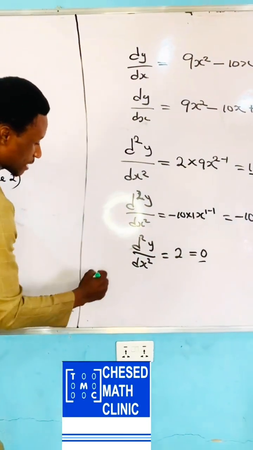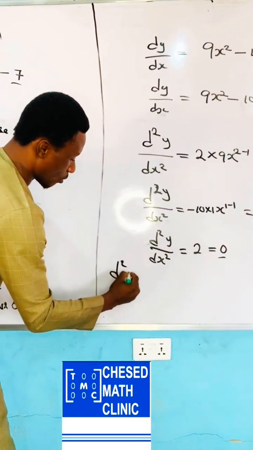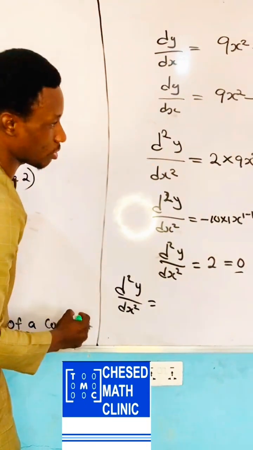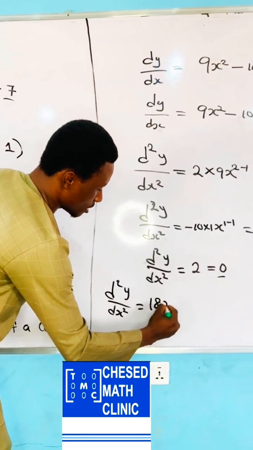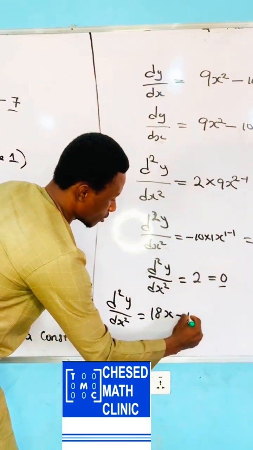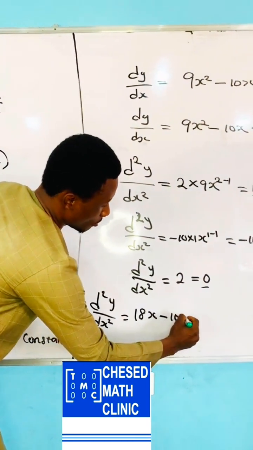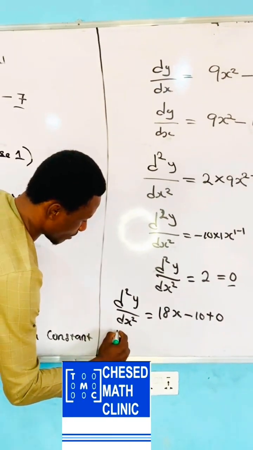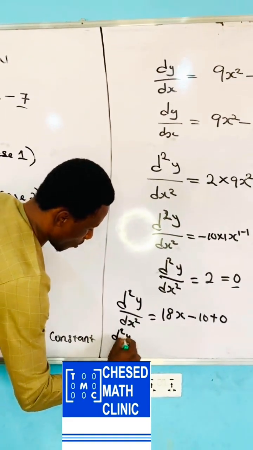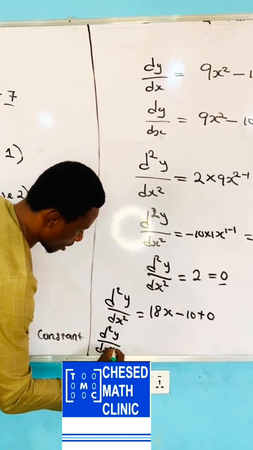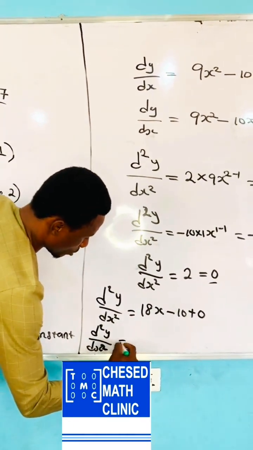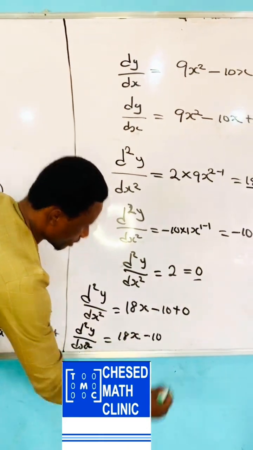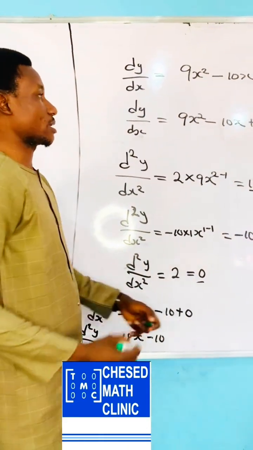So this simply means that d squared y over dx squared is equal to what? 18x minus 10 plus 0. And it is also the same as what? d squared y over dx squared equals 18x minus 10. Because this 0 is nothing.